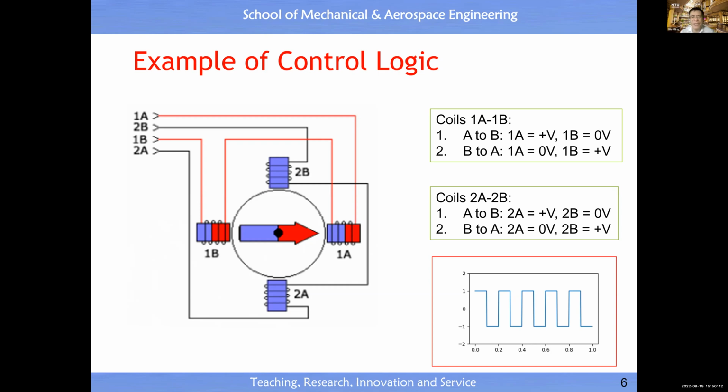We have a phase 1, phase 2, and phase 1 has 2 terminals for connection, 1A, 1B. 1A could connect to positive power or to the ground, and 1B also could connect to the positive power or the ground. So this is why each terminal, 1A or 1B, must have one pair of switches to do the logic control. Therefore, you have 4 electronic switches for one phase.